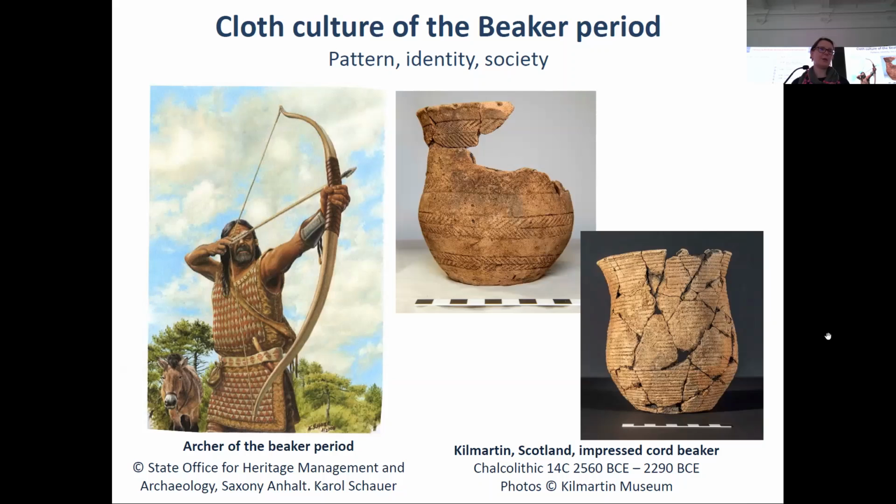If we then think more broadly about the significance of these patterned motifs in broader society, we might ask, well, why are the patterned motifs on the statue menhirs of Sion and Aosta showing these distinctive patterned clothing? Are we looking here at a particular cloth culture of the Beaker phenomenon, as is often assumed, and in this wonderful image by Carol Schauer that the three of us have now shown? Obviously, we can't resist its lovely appeal.